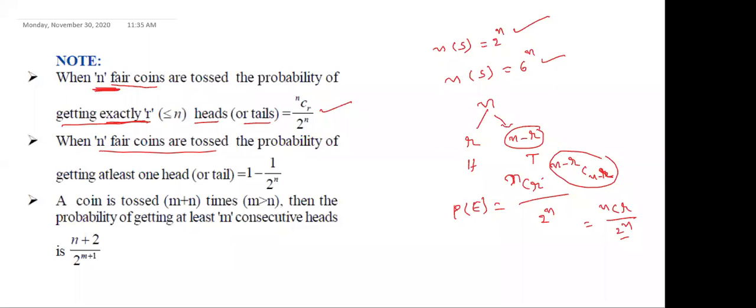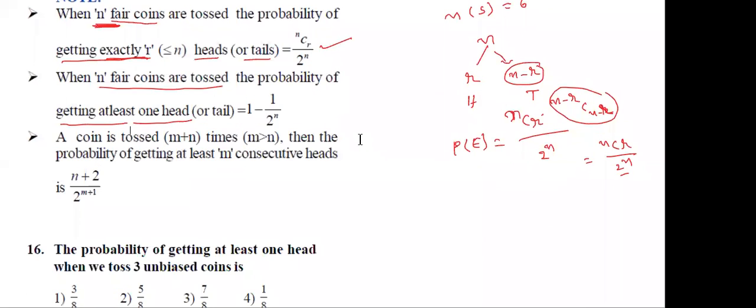When n fair coins are tossed, the probability of getting at least one head. Here it is important: at least one head, at least two heads, at least three heads, like that. If you toss n coins, I am expecting heads and tails: 0 heads, 1 head, 2 heads, 3 heads, 4 heads, and so on up to n heads. 0 heads means n tails. 1 head means n minus 1 tails. 2 heads means n minus 2 tails.